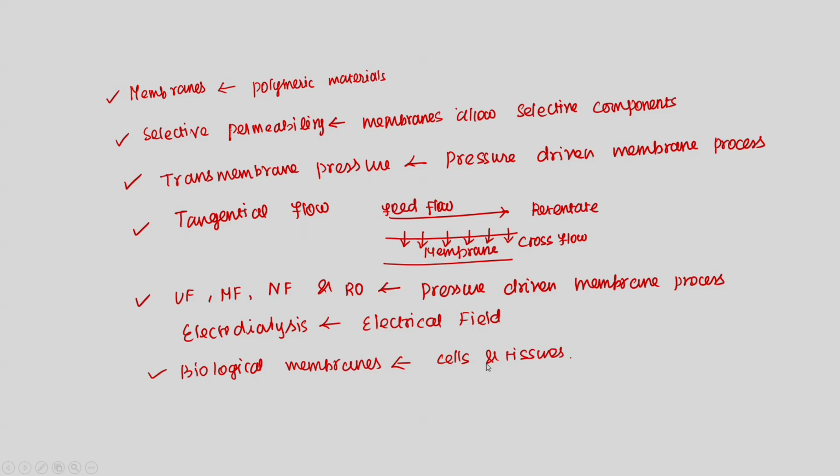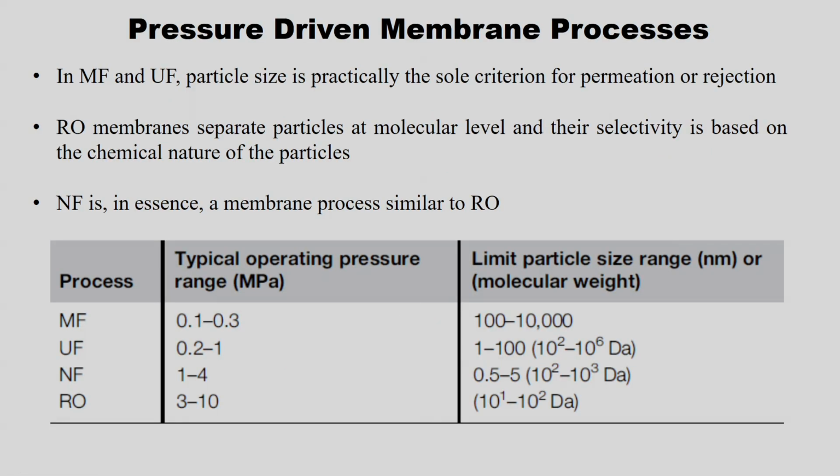Now we are going to discuss the pressure driven membrane processes, which include microfiltration, ultrafiltration, nanofiltration as well as reverse osmosis. In micro and ultrafiltration, the particle size is practically the sole criterion for permeation or rejection. Based on particle size only, the permeate passes through the membrane or the retentate is rejected on the membrane surface.